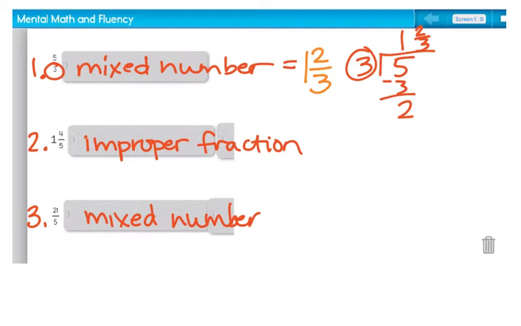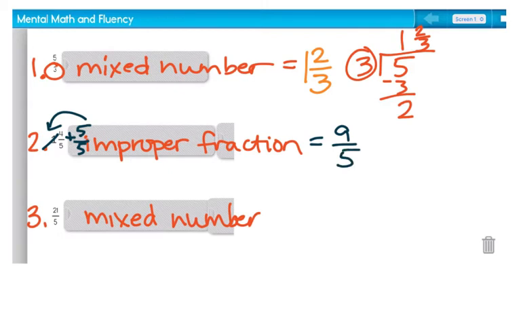Number 2, I am going to change this whole number 1 into a fraction that has a denominator of 5. In order to make it equal to 1 whole, I'm going to put the same number on the top, the numerator, as the denominator. So 5/5 is the same thing as the 1 that I borrowed. Now I can take 4/5 plus 5/5 to give me 9/5.